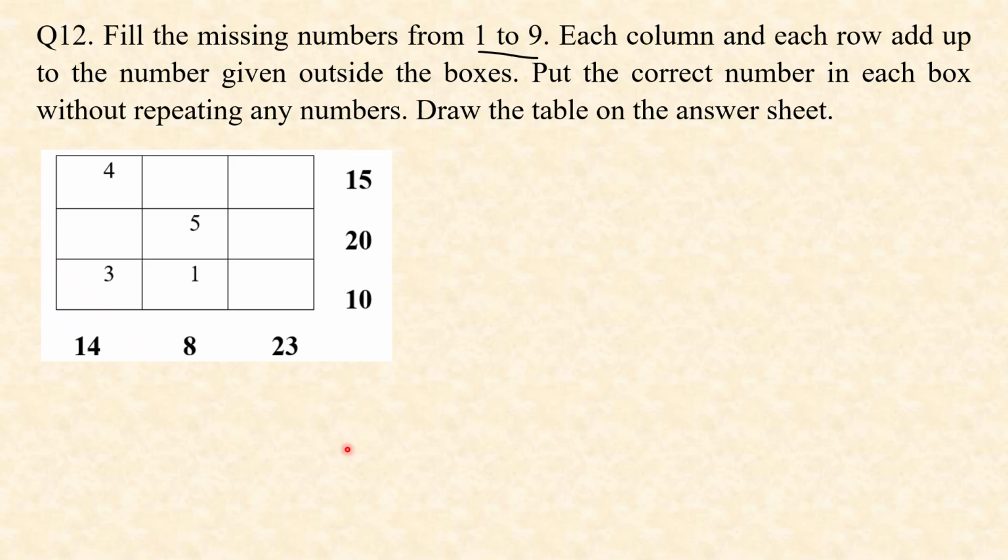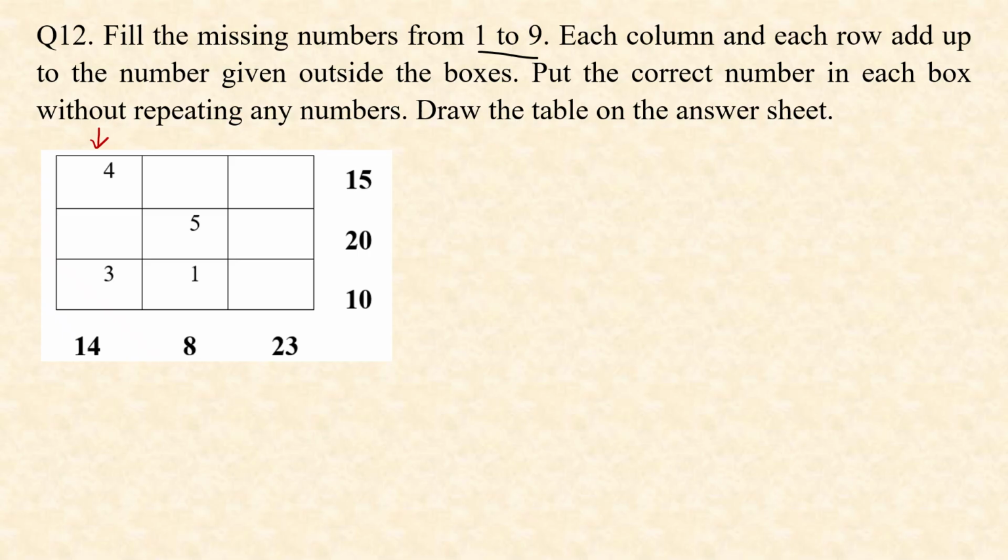So let's start. We'll start from the row or column where we have the maximum given numbers. If you start with the first row, there will be 2 blanks, so we cannot start from here. Check the first column, 2 out of 3 numbers are given.